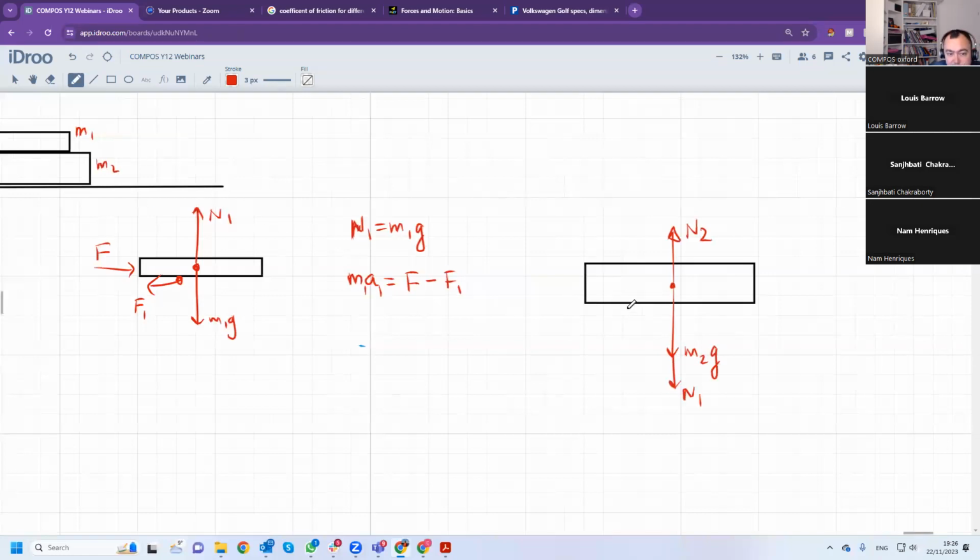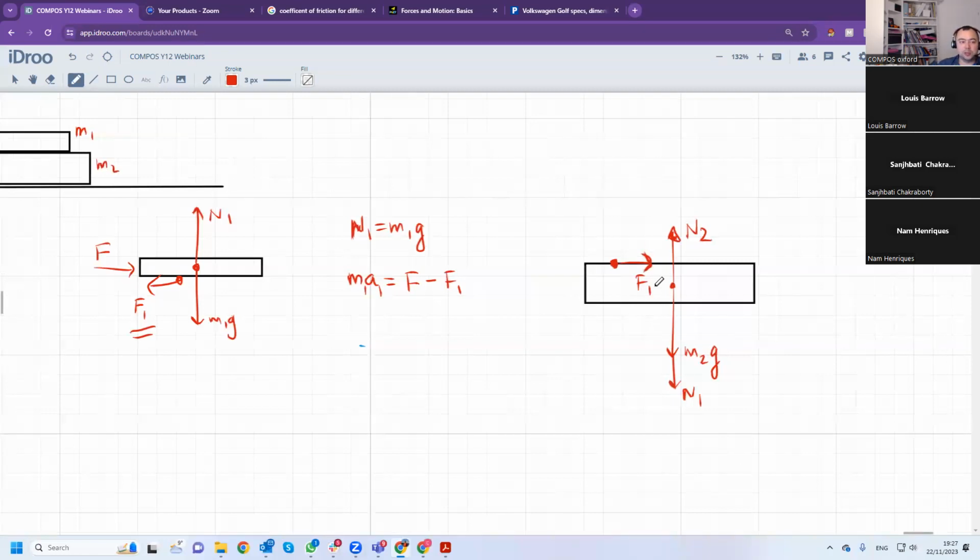There's no friction force on the bottom, but there is a friction force on the top, and this time it's the Newton's third law pair of that force. According to Newton's third law, this force has to be equal and opposite to that force, so this is going to be F1. That's the only force, F1.